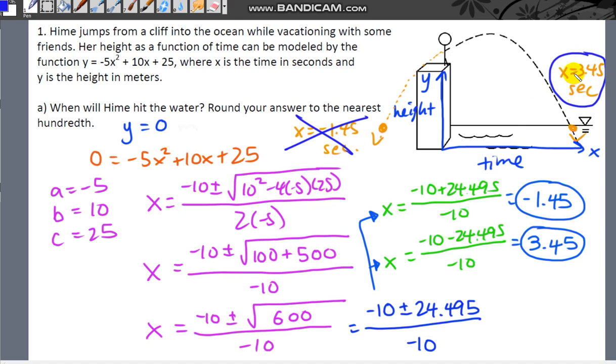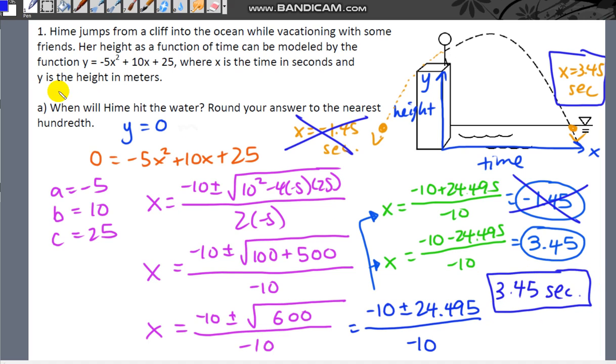So we wouldn't take the negative, we would cross this out, and our answer would just be 3.45 seconds. That is when she will hit the water. 3.45 seconds.